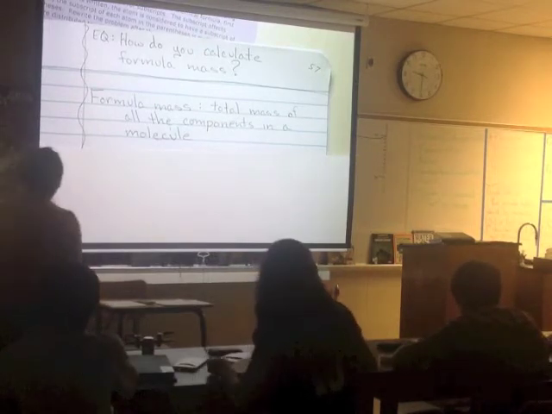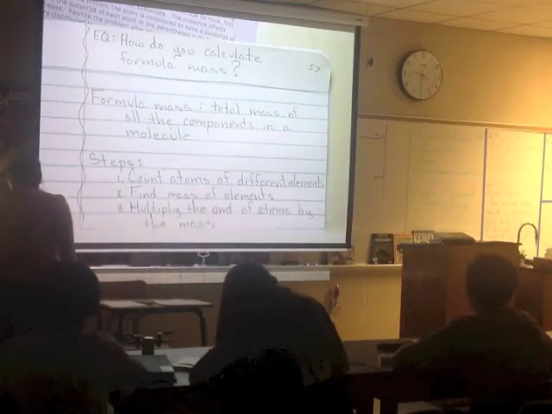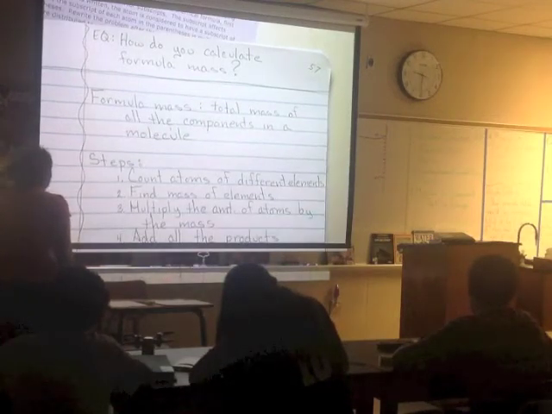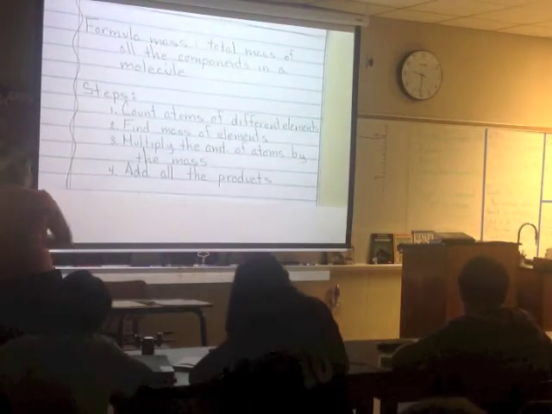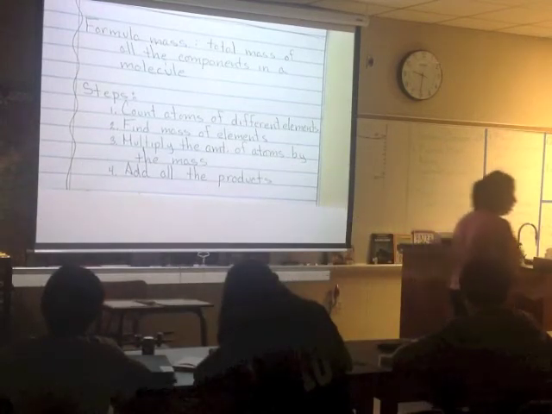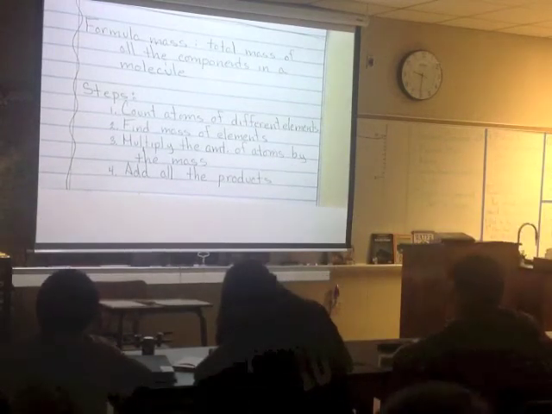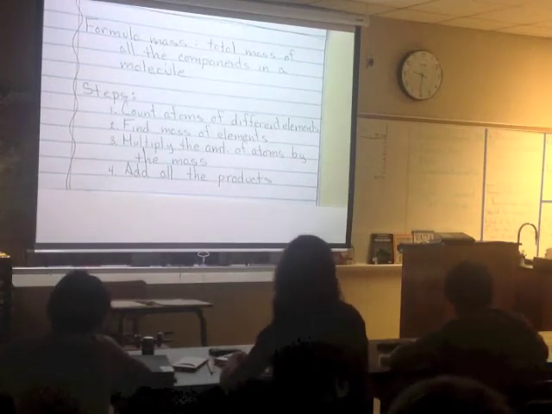Now basically formula mass is just a calculation, and so there are several steps to it. The first step is to count the atoms of the different elements. So what we practiced yesterday, you need to be able to do first. You need to know how many atoms of each of the elements there are within that formula.